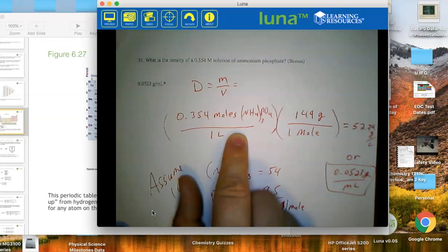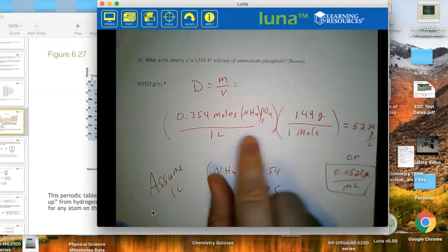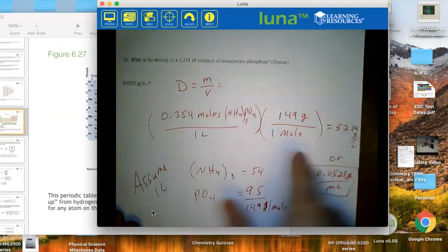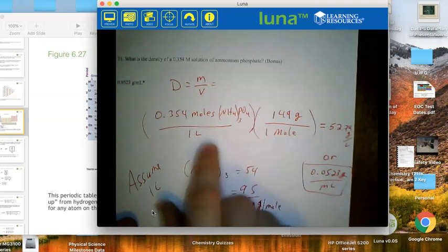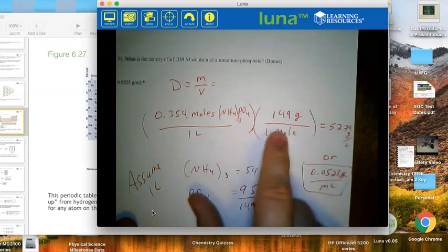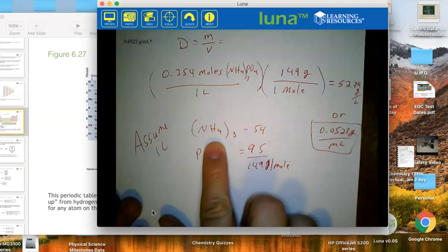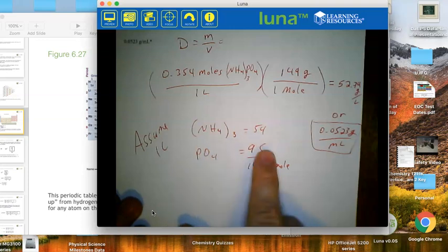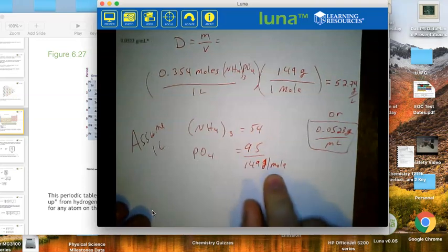And then what I need to do is figure out the molar mass to figure out grams per liter, which is what density is. Density is mass per unit volume. So I figure that out: ammonium has a certain mass, and there's 3 of them there. There's 54, and then phosphate's 95. I add that up to get a molar mass of 149 grams per mole.